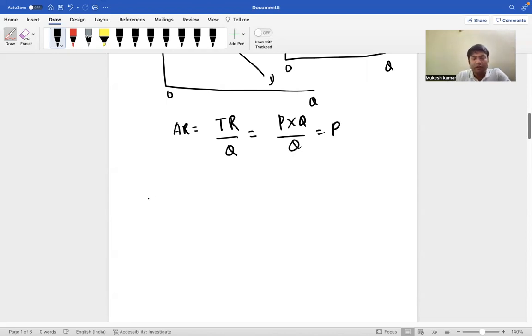Okay. Now, average revenue also represents the demand curve for the industry.